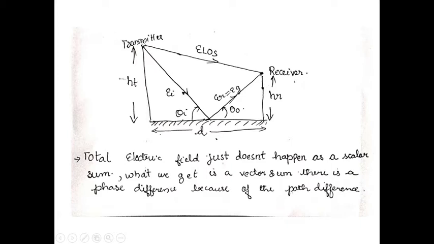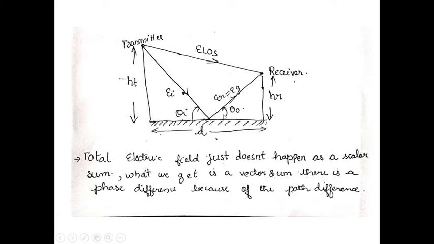Now we know that there is a direct line of sight path which exists between the transmitter and the receiver. So this is one ray and this is another ray, that is, a ground reflected path. This is our incident wave and this is the reflected or ground wave. So ER is equal to EG in this case.